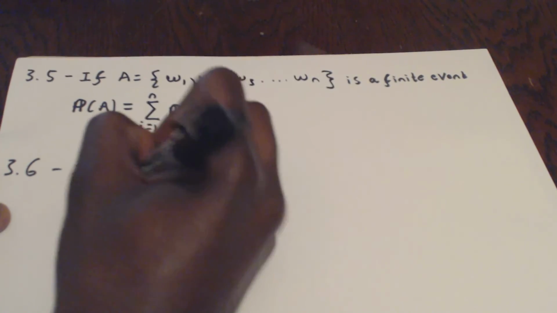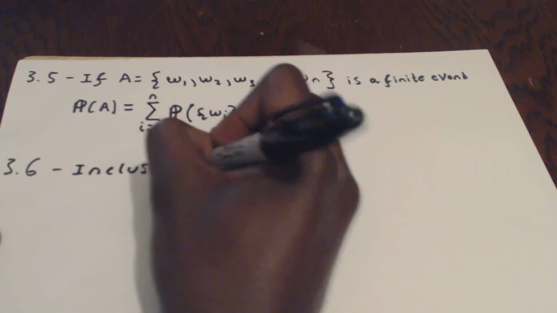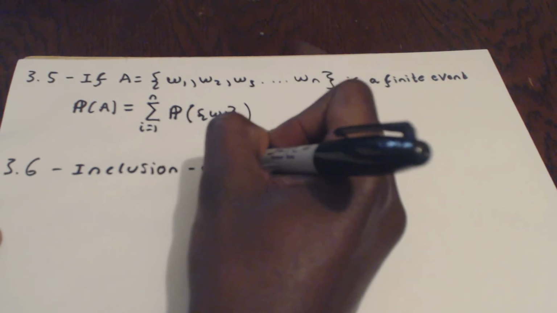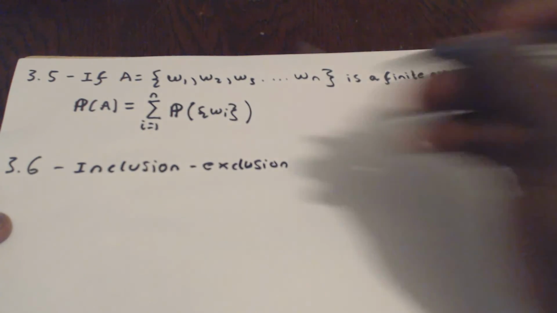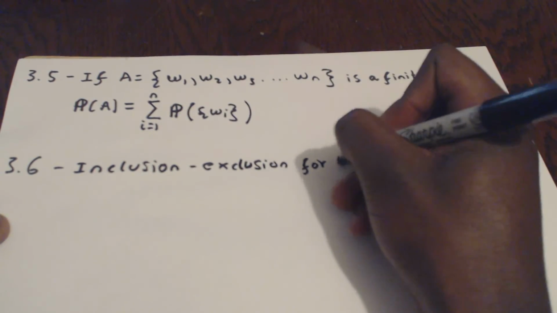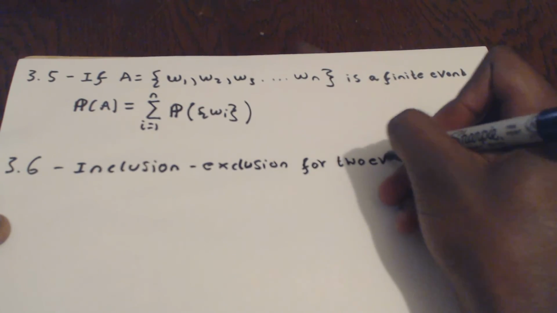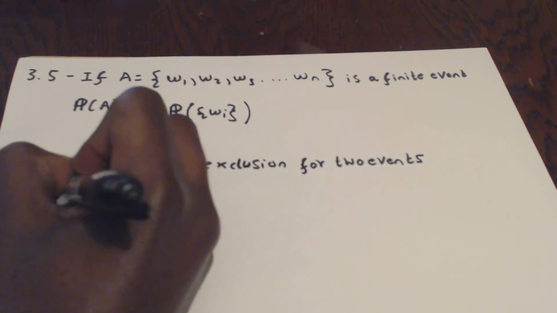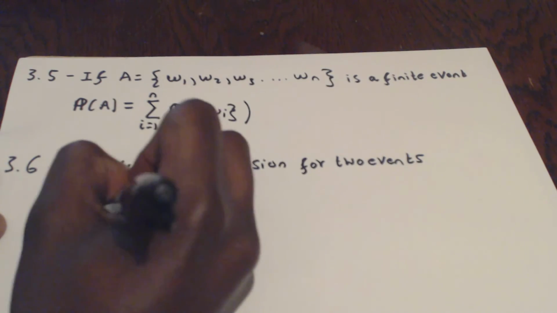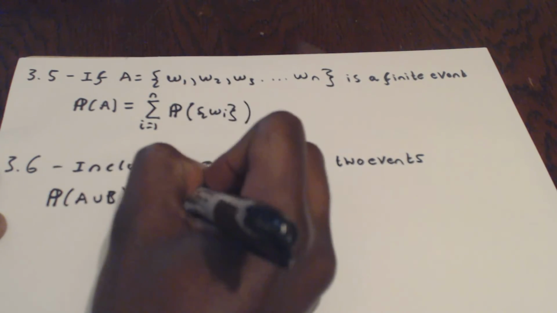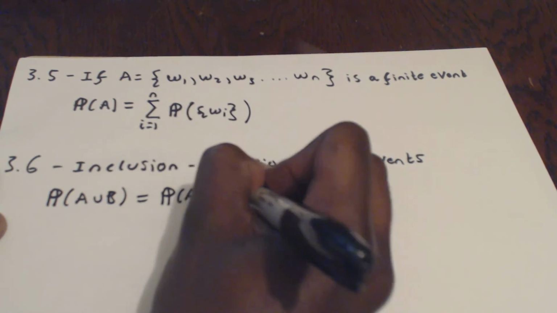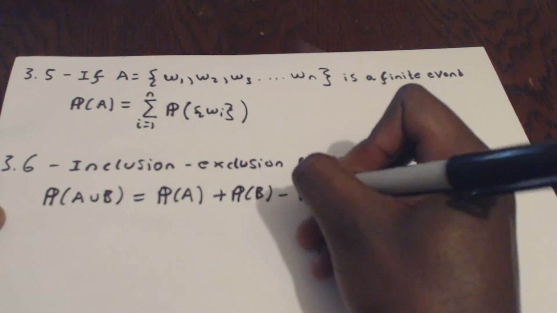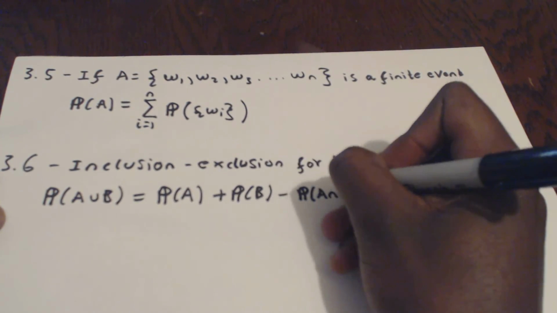So we've got inclusion-exclusion for two events, and that's for any events A and B. We have that the probability of A union B is equal to the probability of A plus the probability of B minus the probability of A intersection B.